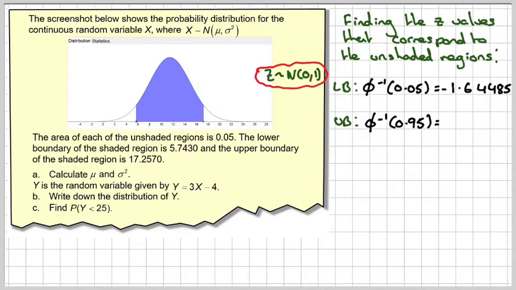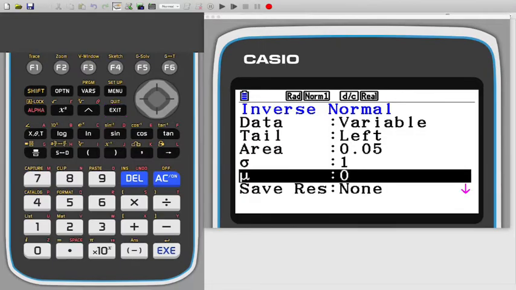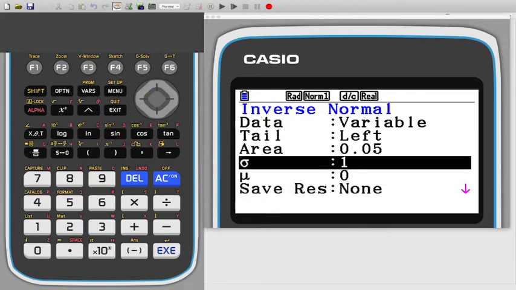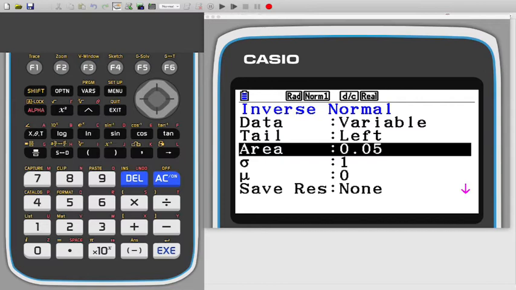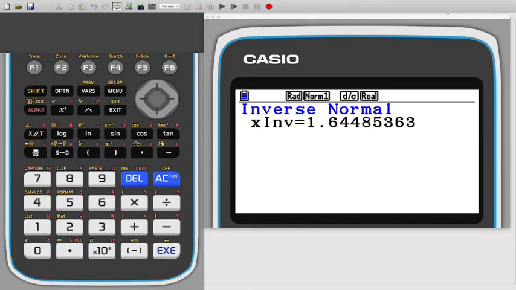So what we could do here is go back and change the area on this one to 0.95 and press enter, and we'll get the same value but positive 1.64485.